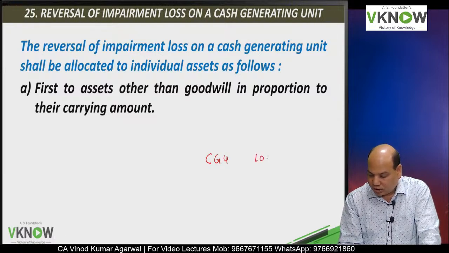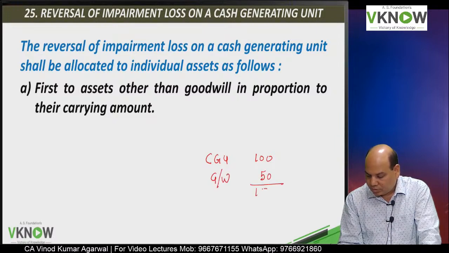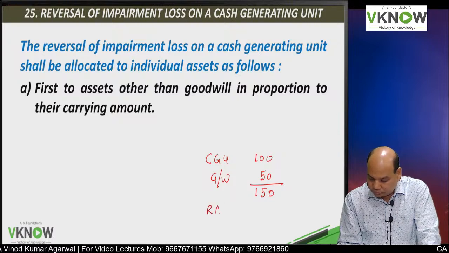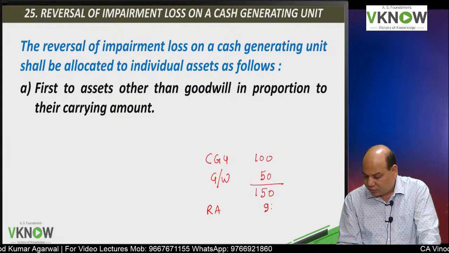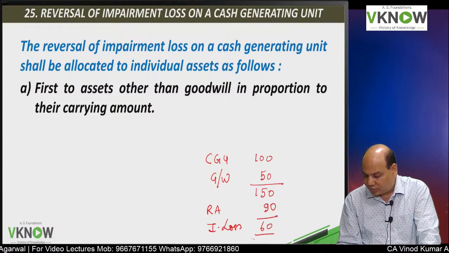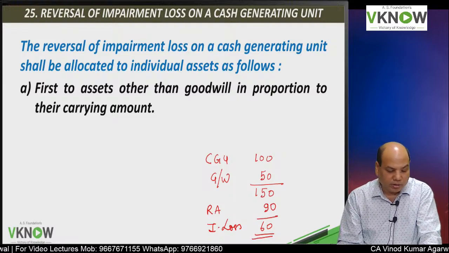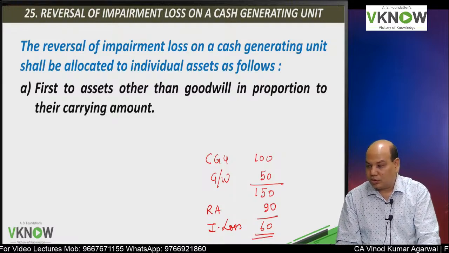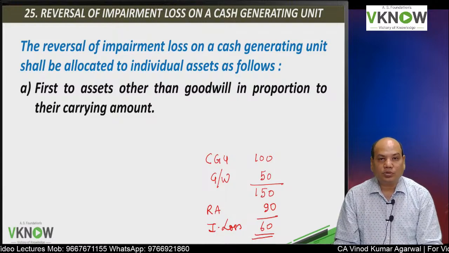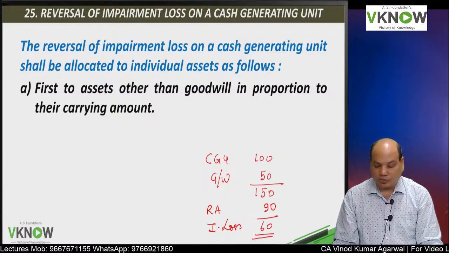CGU 100, goodwill allocated 50, after adding goodwill 50, recoverable amount is 90, impairment loss is 60.